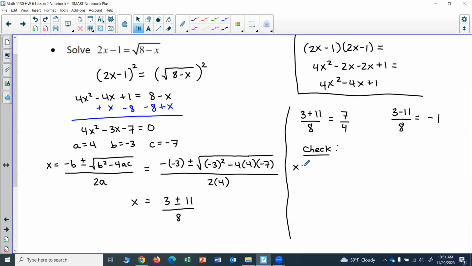So the first one, I'm going to use x equals 7/4. So I will have 2 times 7/4 minus 1 equals the square root of 8 minus 7/4.